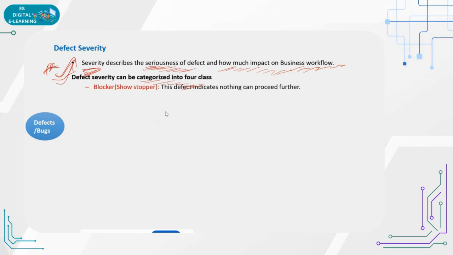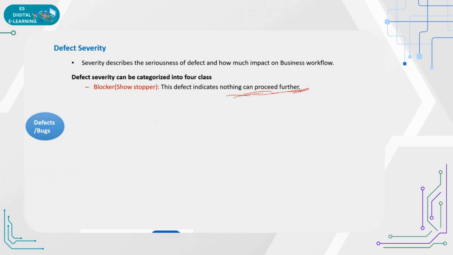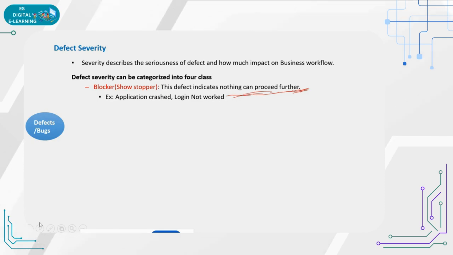That is a blocker. What is a blocker? Blocker is nothing but we cannot proceed further. It is completely stopping our testing activities. That is a blocker. For example, if you are not able to log in with your Gmail and password, that is a big blocker.